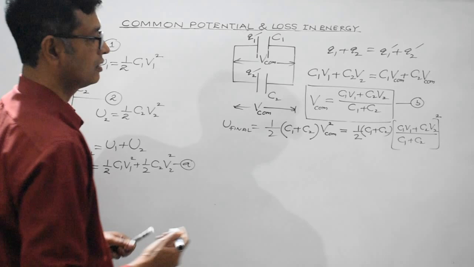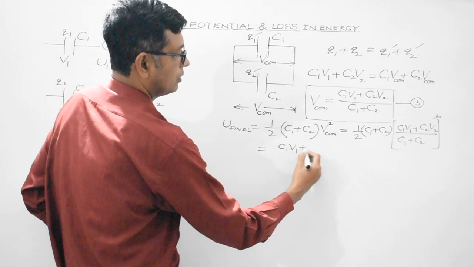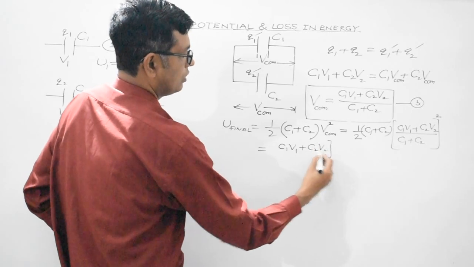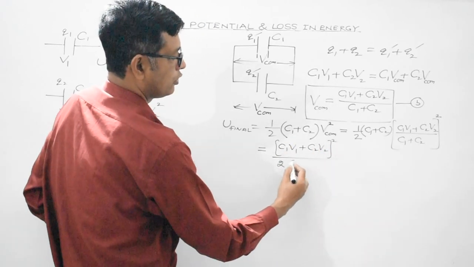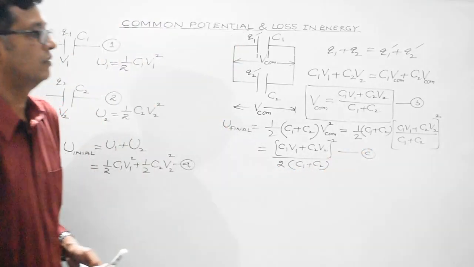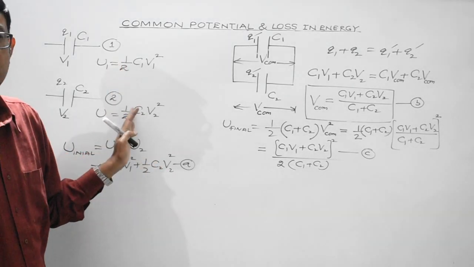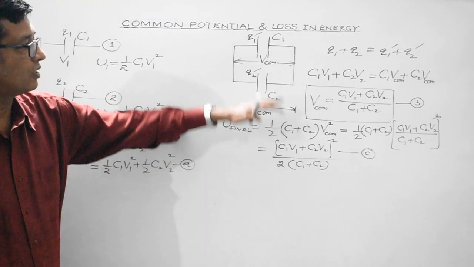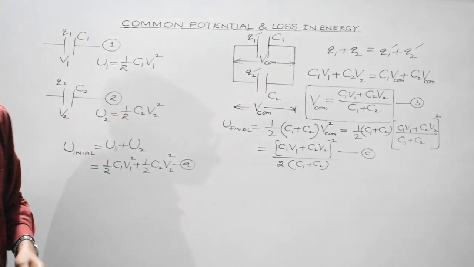So what you get is C1 V1 plus C2 V2 whole square divided by 2 C1 plus C2. Put this as U final. So this is the initial energy of the system before they are connected together, and this is the final energy of the system after the two condensers or capacitors are connected together.